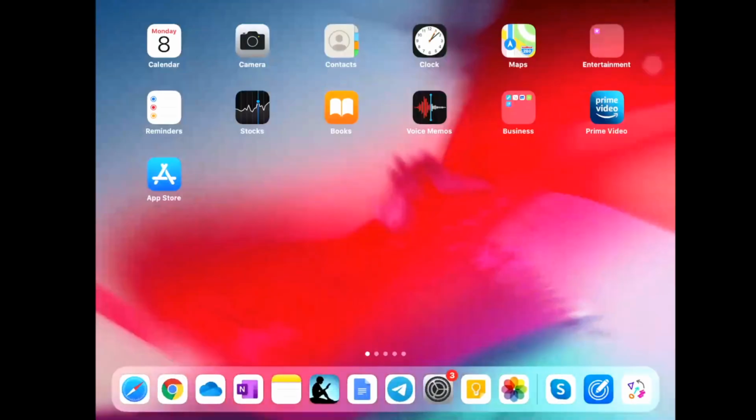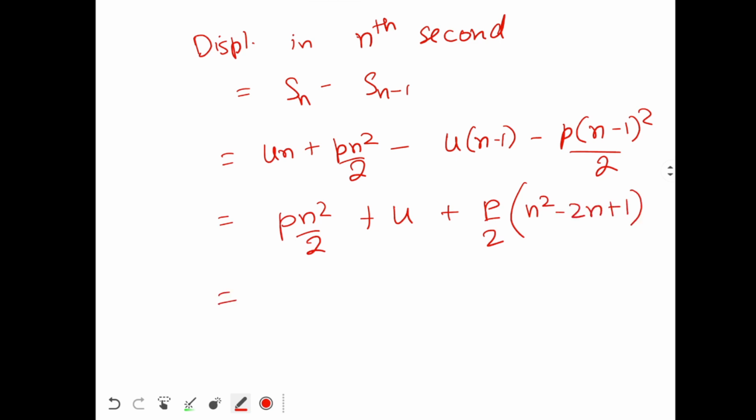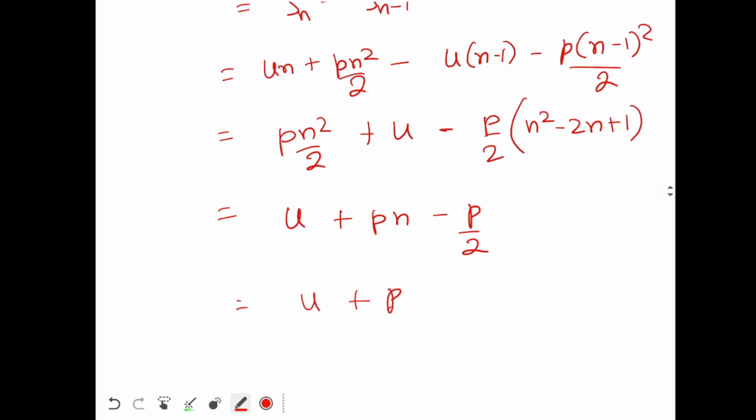We can write this as pn square by 2 plus u plus p by 2, open the square bracket, so that will give you n square minus 2n plus 1. One correction over here, this will be minus n actually. So pn square by 2 minus pn square by 2 will cancel out and you will get plus pn minus p by 2. So I can write this as u plus p by 2 times 2n minus 1. I could leave it like that as well.